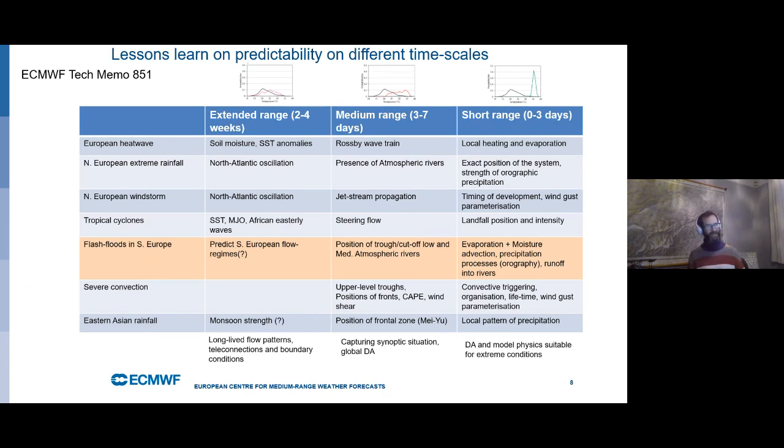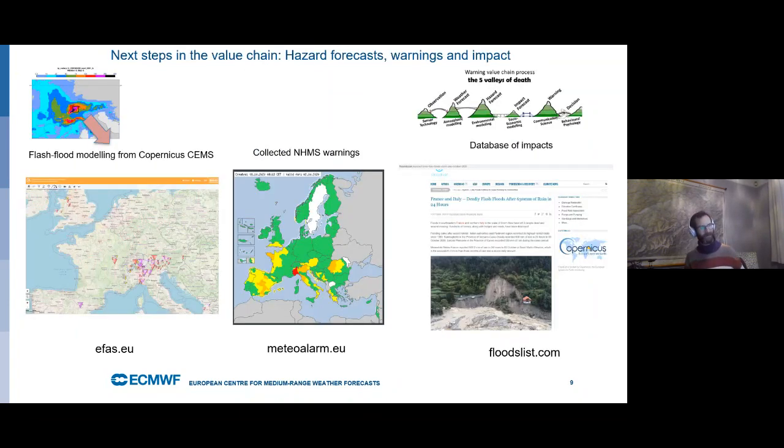So by using this type of case studies, we can come up with factors that we need to do a further evaluation on. And I'm discussing this more in the technical memorandum. So this then brings us to the next step in the value chain. And I also included this picture with the different mountains.